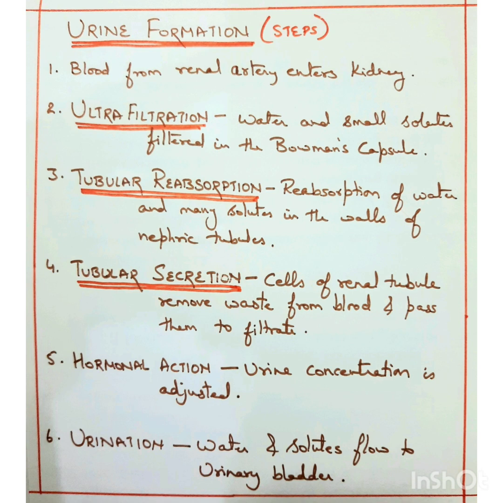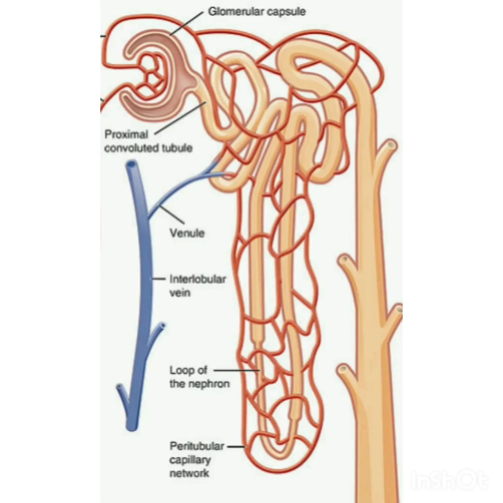We already know the nephric tubule consists of the proximal convoluted tubule, the initial region of the nephric tubule, which is highly coiled. Then we have the U-shaped loop from the middle of the nephric tubule, and then the distal tubule, three parts of the same tubule. So this is quite a coiled, long tube. Water and many solutes are reabsorbed through the walls of the nephric tubule and returned to the blood in capillaries.